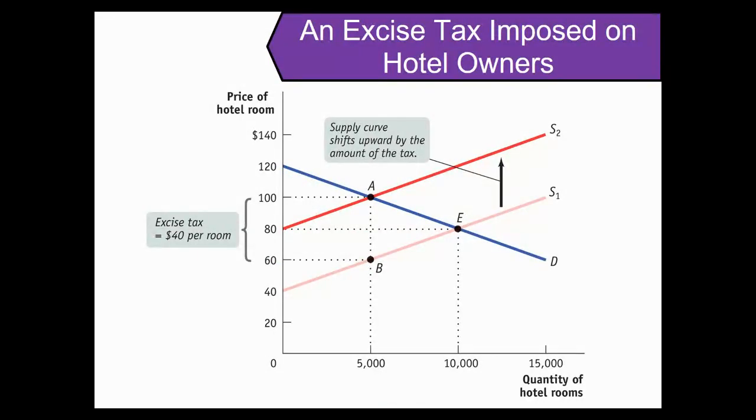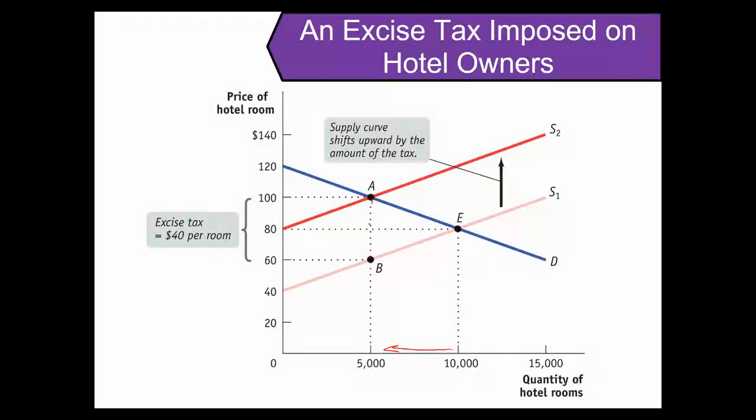So if the government imposes a tax of $40 per room on the hotel owners, it's going to shift their supply curve from S1 to S2. The equilibrium price of the hotel room rises from $80 to $100 per night per room, and now they're only going to be able to sell 5,000 of those rooms.